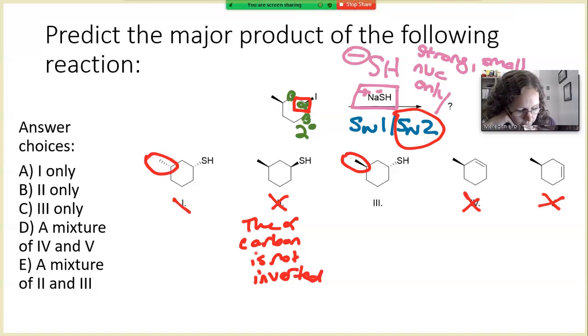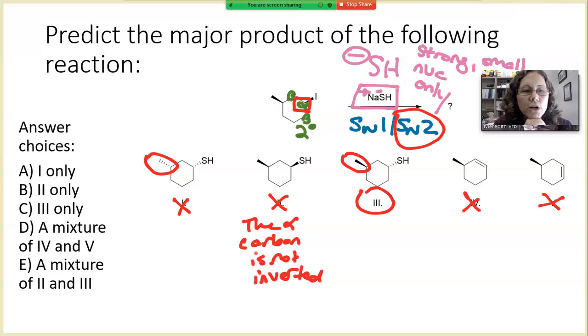So we can cross off 1, because the only carbon that gets inverted is the alpha carbon. The gamma carbon that bears that methyl group that's wedged wouldn't be impacted at all. It just stays exactly the same, because the nucleophile is not bothering that carbon. It's only attacking the alpha carbon, and that's why only the alpha carbon is inverted. So our answer to this question is 3.